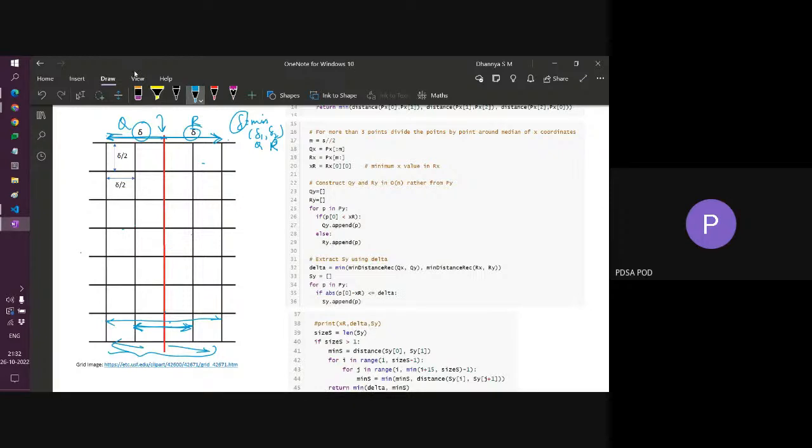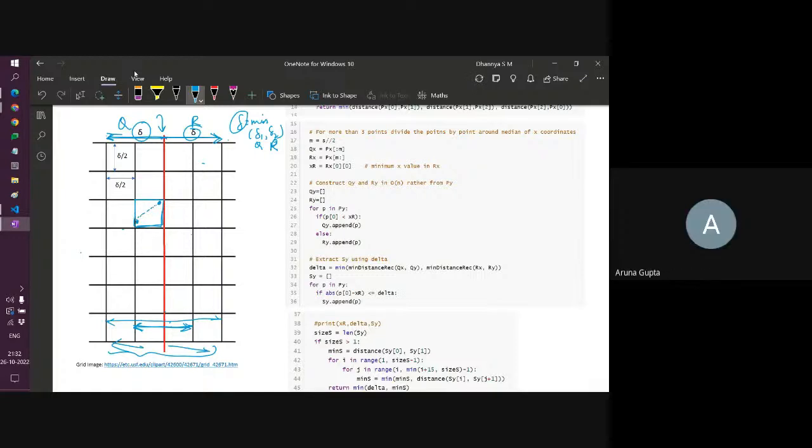Look at this particular square. Suppose you have a point which is here. If you have another point which is here within this same square, is it possible? Is it possible to have 2 points like this?